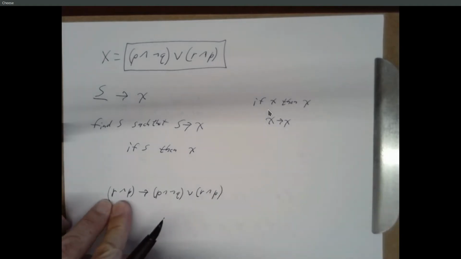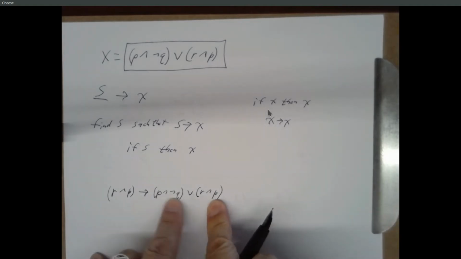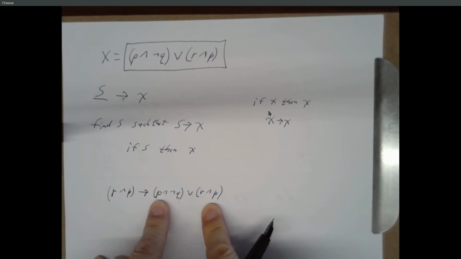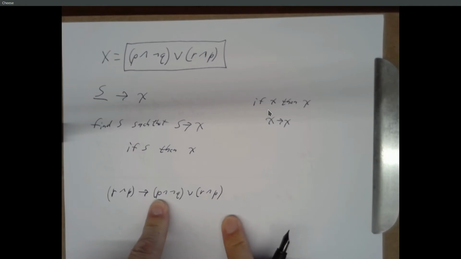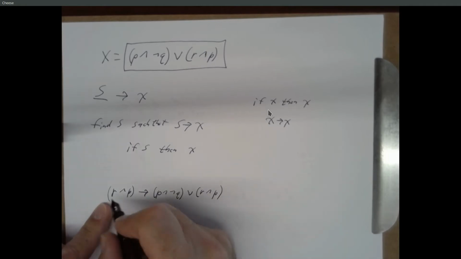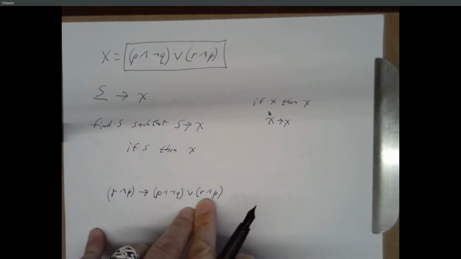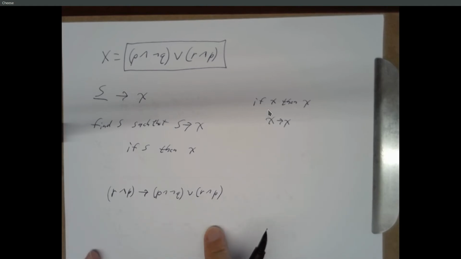Right? Because if this is true, so the or of this with anything else is true. Whether this part is false or true, that ORed with something that's true is going to be true. So if R and P is true, then this thing ORed with R and P is also true. So that's something other than X which implies X.